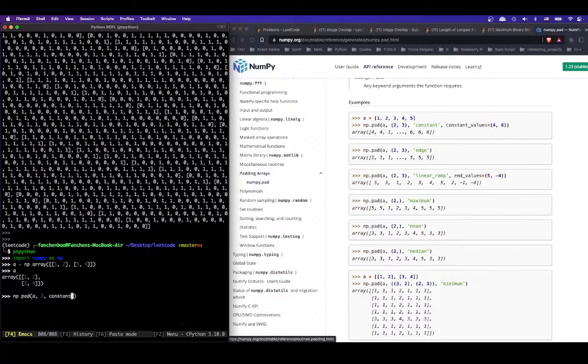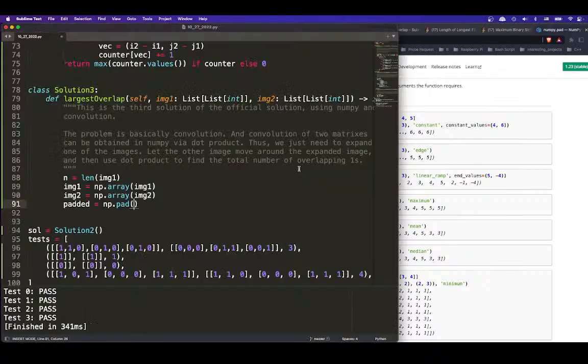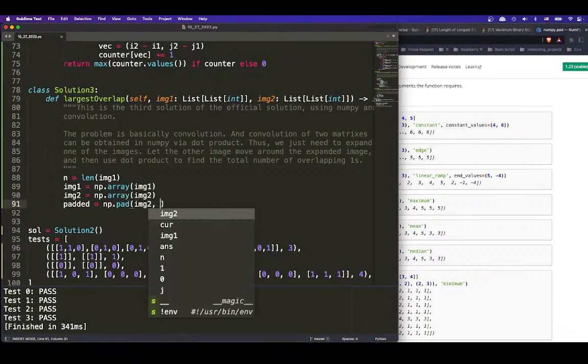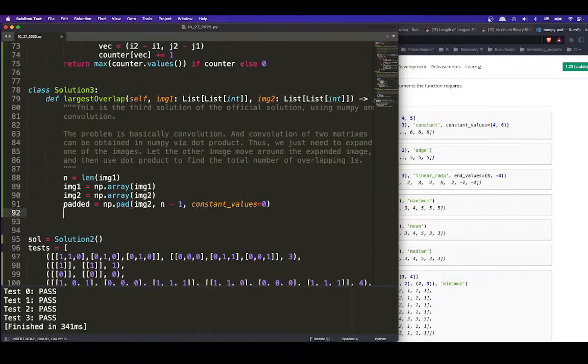I'm going to say constant values equals 0. Does this work? Yep, this works. So we use the easiest one, pad image 2, and we're going to do n-1, the number I'm going to pad out, and constant values equals 0. Okay, so this is padded.